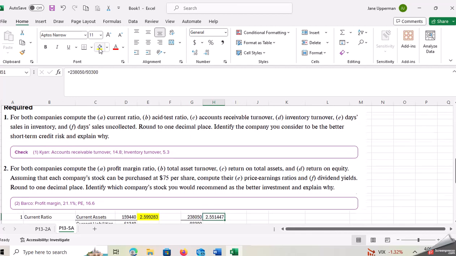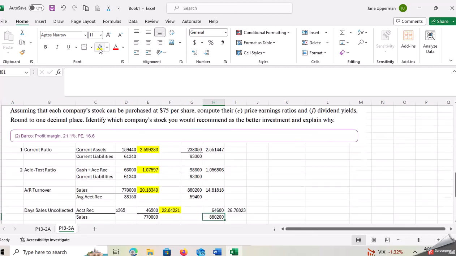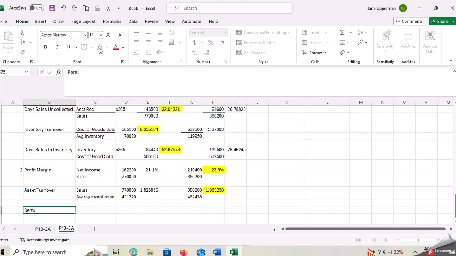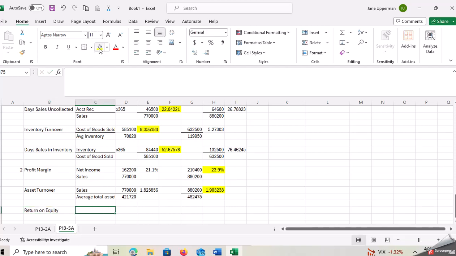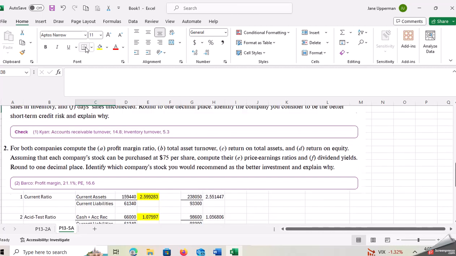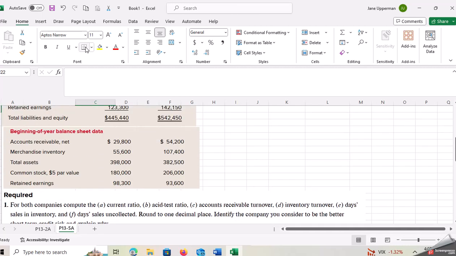Then we have our return on equity. So our return on equity is going to be our net income divided by our equity. Do they give us a beginning balance?